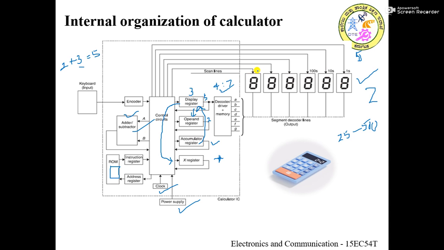That's why, due to the persistence of vision, it appears like the result is getting displayed continuously, but the result won't be displayed continuously. It will be displayed at a faster rate. So that's why it appears like the result is being displayed in a continuous manner. I hope it is clear.